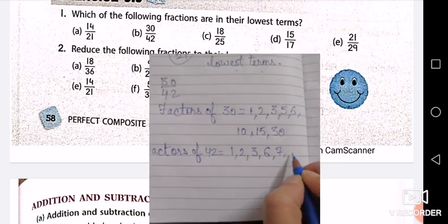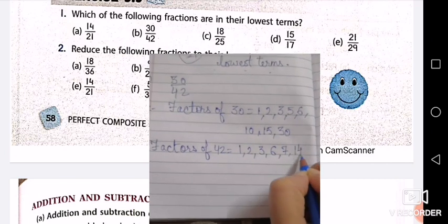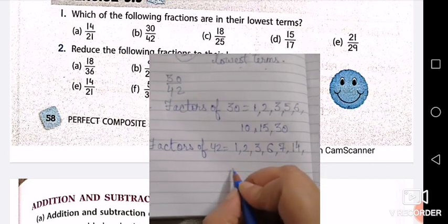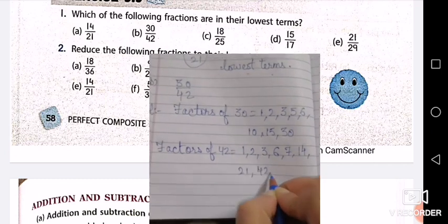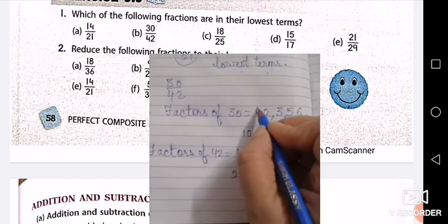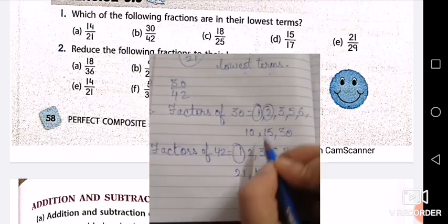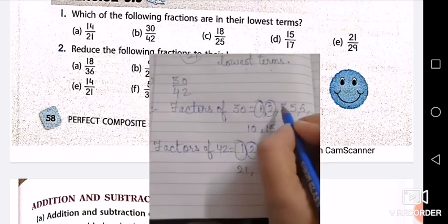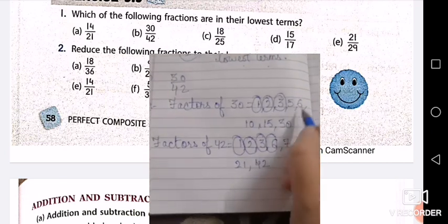After that, yes, 14, then 21, then 42 itself. Now you can see many common factors are there. 1, then 2 is also common, then 3, then 6.